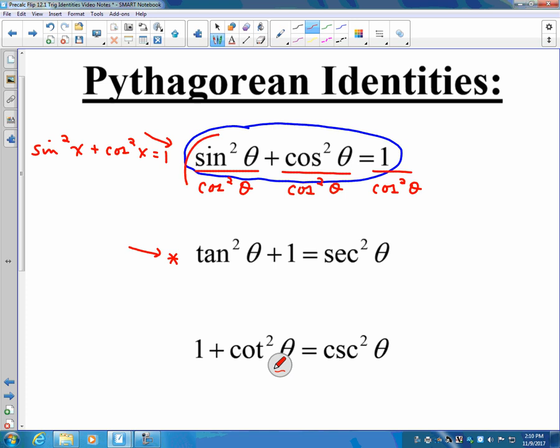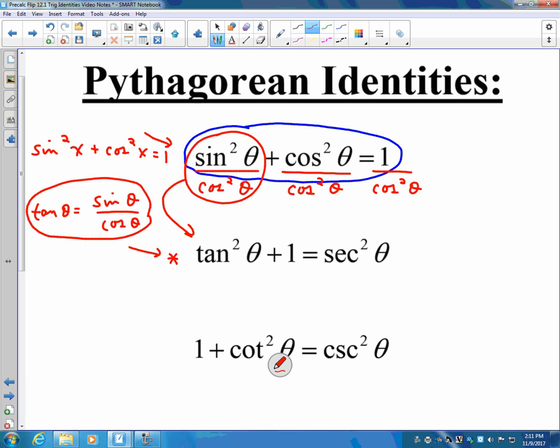Well, what's sine squared theta over cosine squared theta? Tangent squared theta, right? Sine over cosine is tangent, right? Hopefully you know that. The tangent of any angle is the sine of that angle over the cosine of that angle. Hopefully you know that relationship, that trigonometric identity.